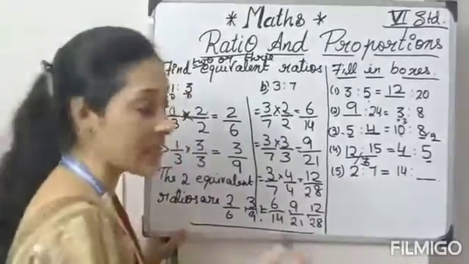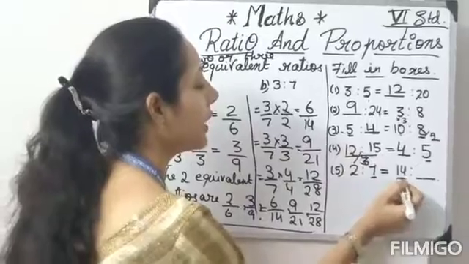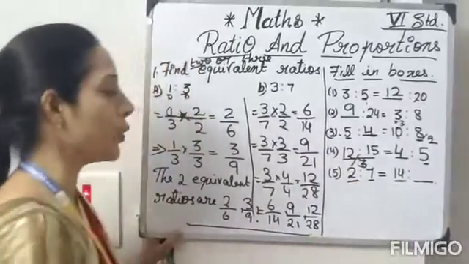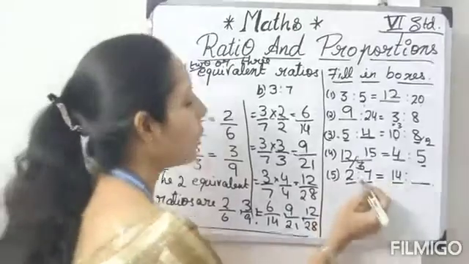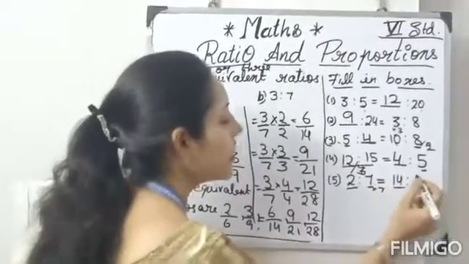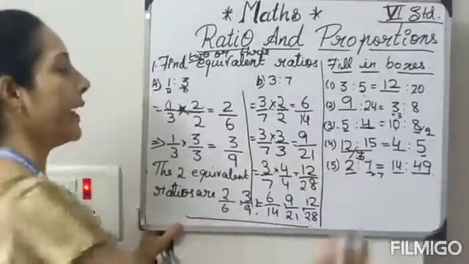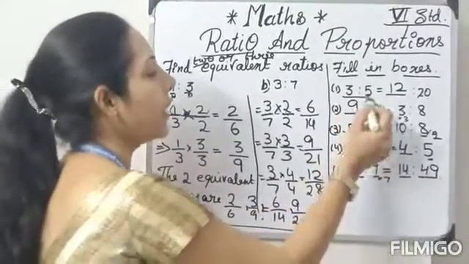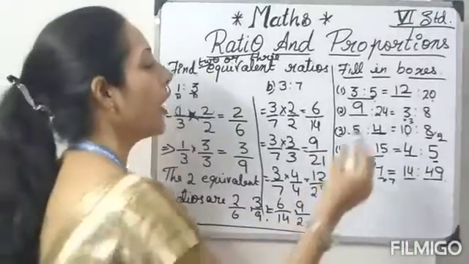Here again very simple, the old pattern only. In 2 table, when 14 goes, 7s are. So 7 into 7, 49 is our answer. Again I am saying, if a small number is given, multiply it out.